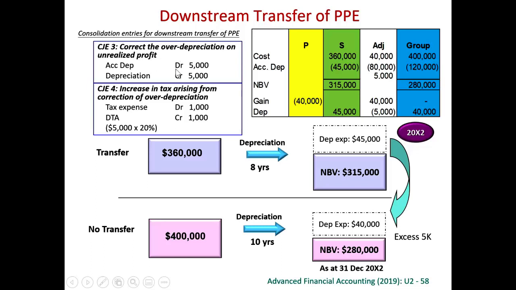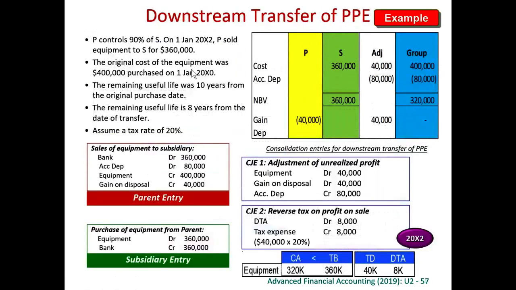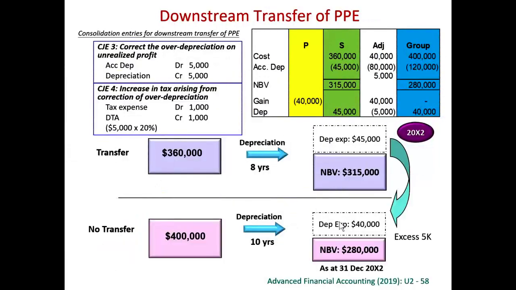Again, there's a deferred tax implication. Because you credit depreciation, we debit tax expense. Because you debit accumulated depreciation, that means gradually we are reversing this deferred tax asset. So this deferred tax asset should be gradually reversed over its remaining useful life, 8 years. So therefore 1 year is credit deferred tax 1,000.